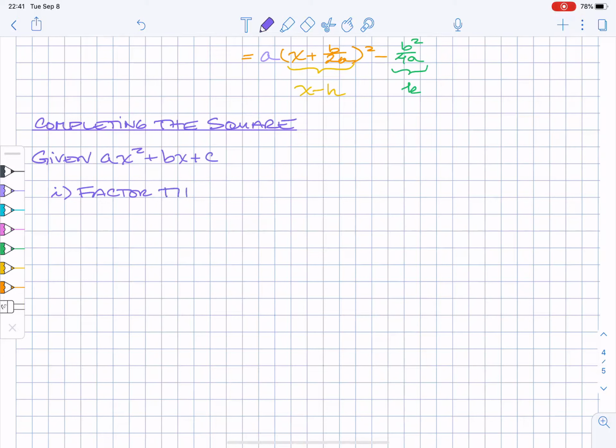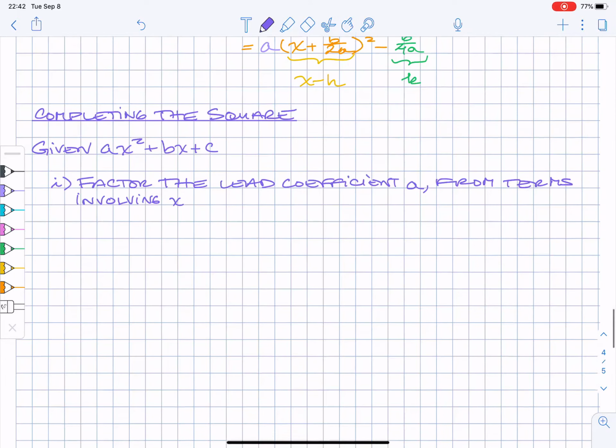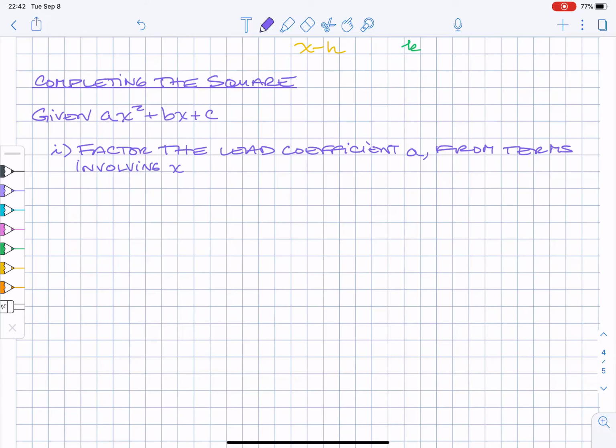Number 1, factor the lead coefficient, a, from terms involving x. We call those the variable terms. So step 1 would lead to a times x squared plus b over a x, and then the plus c would still be on the outside.